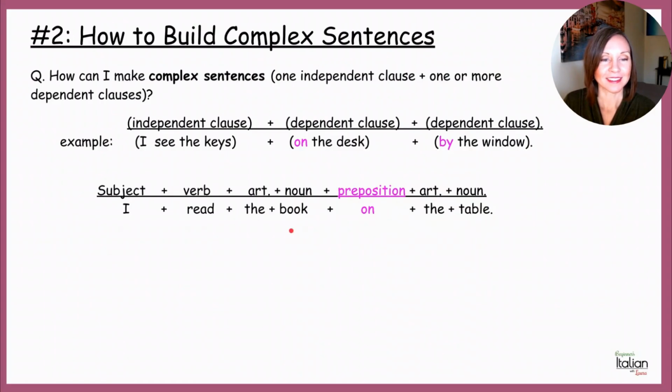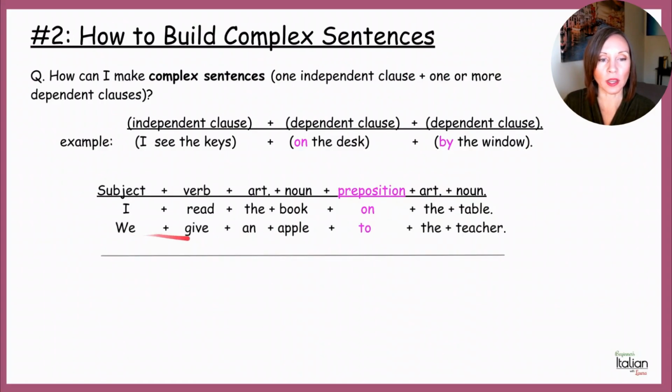Now we can also say we give an apple to the teacher. You can say we give an apple, or we gave an apple, or we will give an apple. These are all independent clauses which can stand on their own. So you could just add a period here if you wanted to. But we're going to make it a complex sentence by adding our dependent clause here, to the teacher, a preposition plus the teacher.